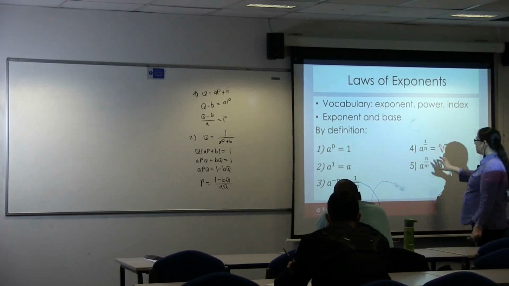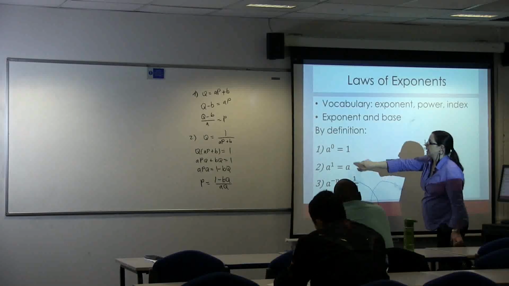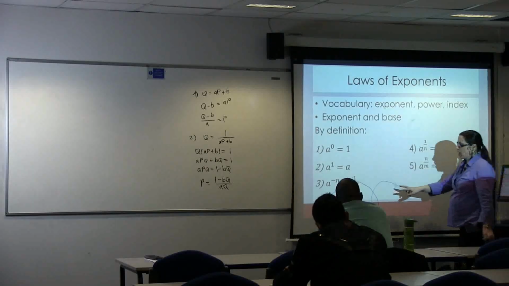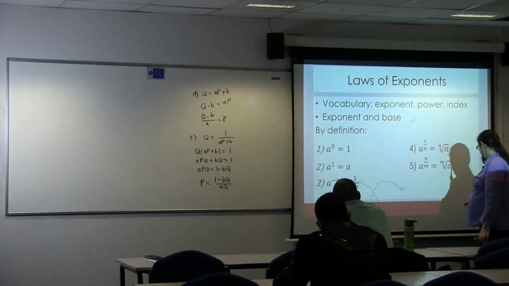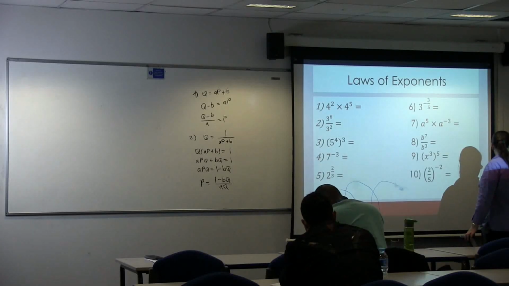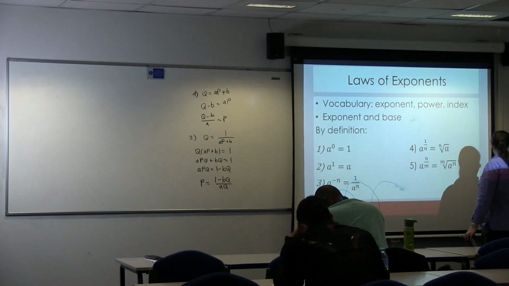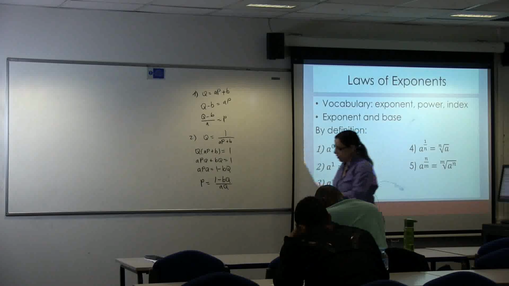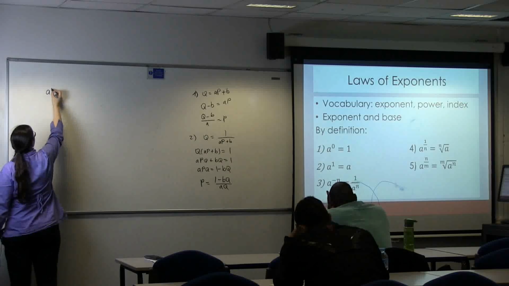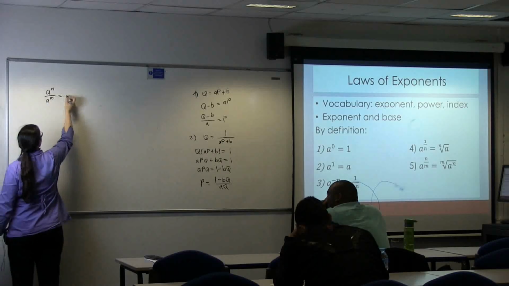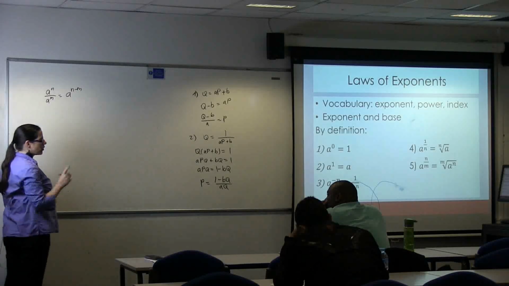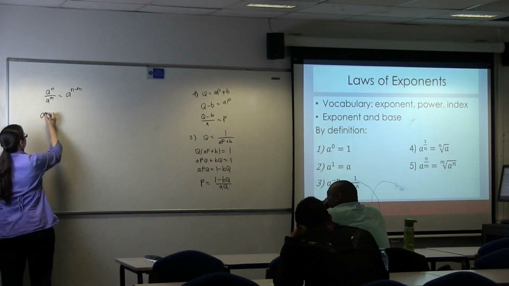Now, these three are definitions. This is a kind of special case of that. And this one is not necessarily a definition, because if I remember that a to the n over a to the m is equal to a to the n minus m, I can apply that to the special case of a to the minus n.